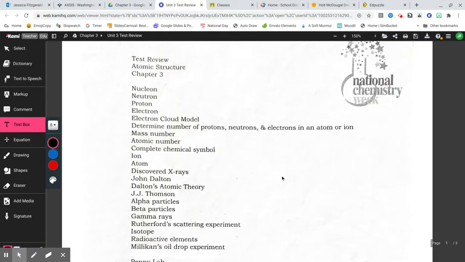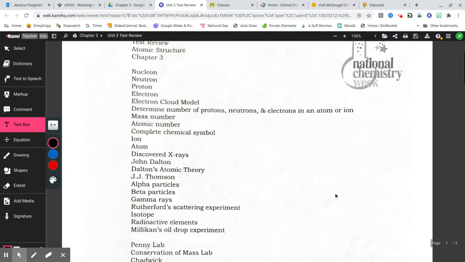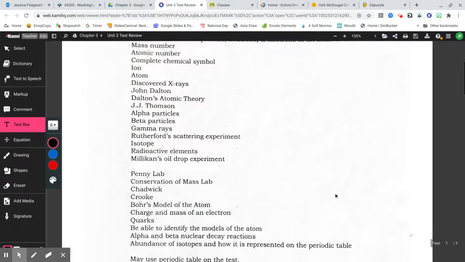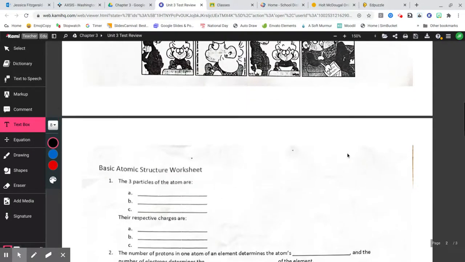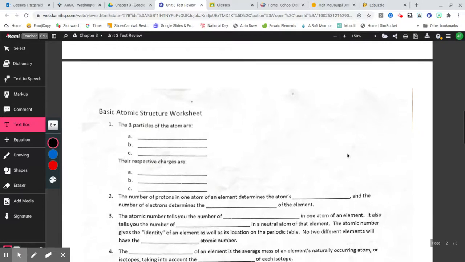You do have a very short written or free response, but you definitely need to make sure that you focus on all of this here, okay? And all of these people. So don't ignore that page.